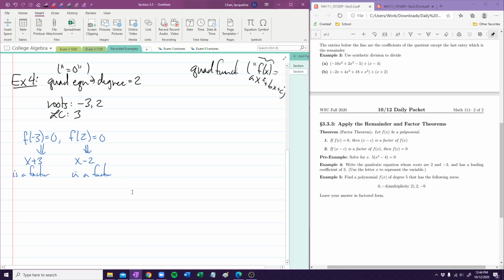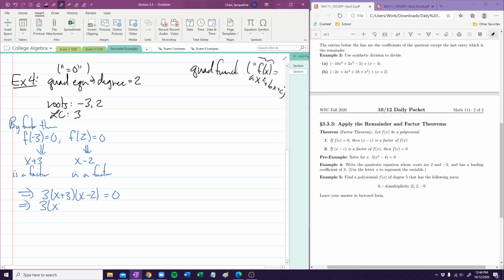And then we know that the leading coefficient is 3. This is by factor theorem. So this tells us 3 times x plus 3, x minus 2, and because it's an equation, just equals 0.